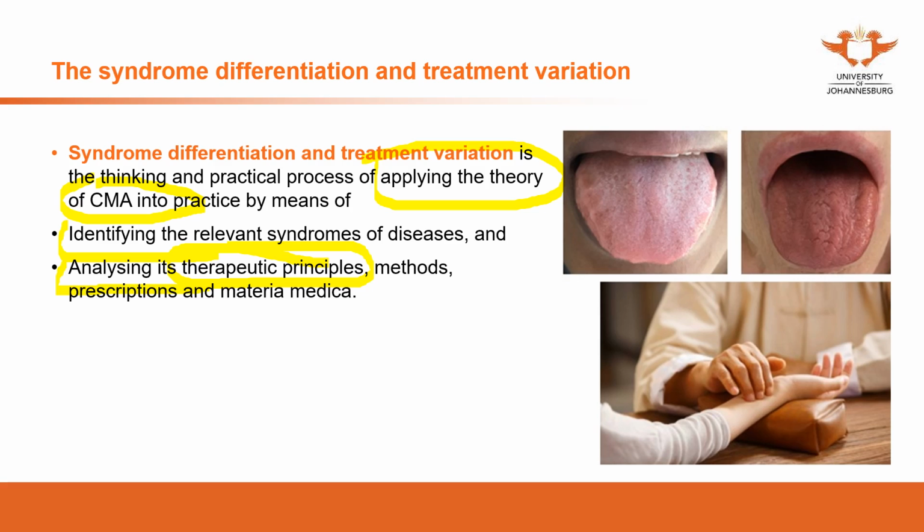These principles are based on the syndrome. For example, a patient suffers from a heat syndrome or a cold syndrome. The principle will be relieving the heat or relieving the cold. So that's your principle. And then you use a specific method, either herbal medicine or acupuncture, or even moxibustion or cupping.